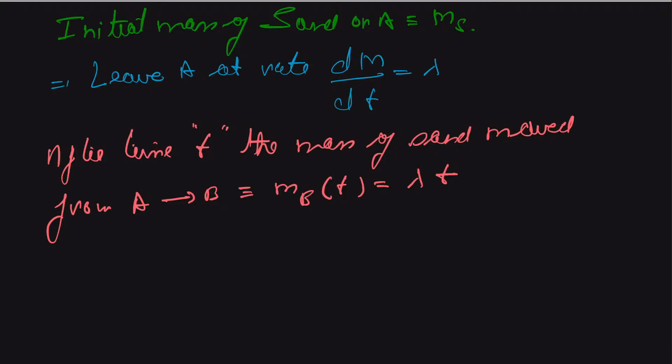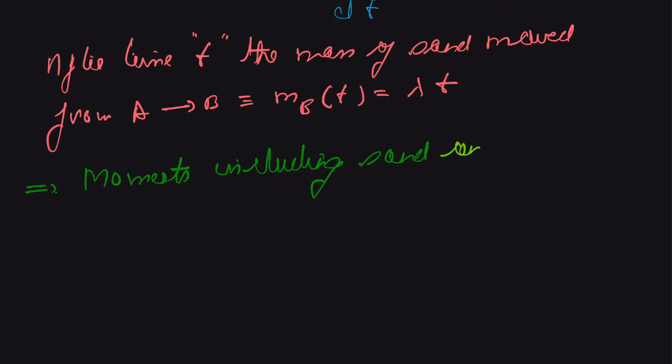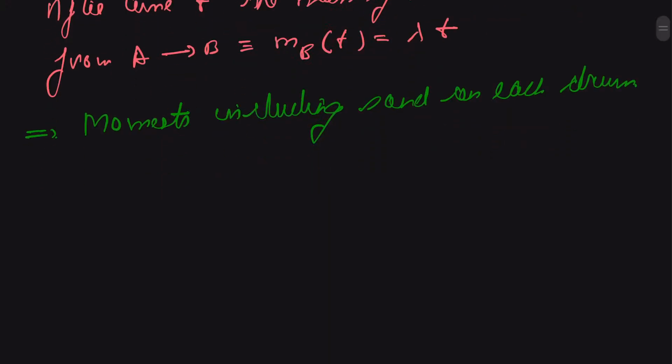And with respect to this, we can write the moments of inertia including the sand with respect to A as well as B. So from here we can say that the moments of inertia including sand on each drum, for our A, we can write this as IA of t.